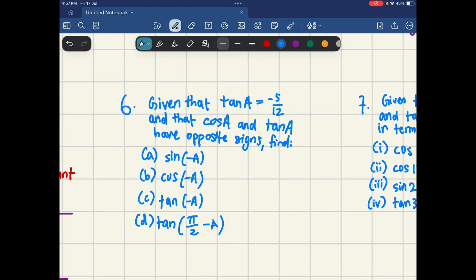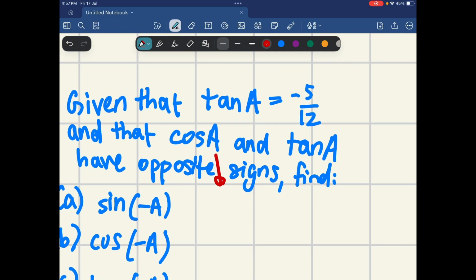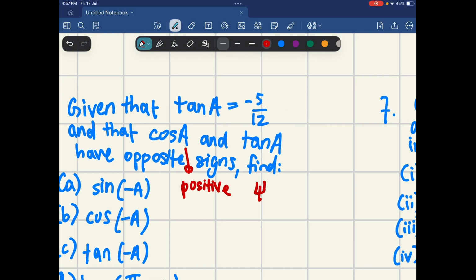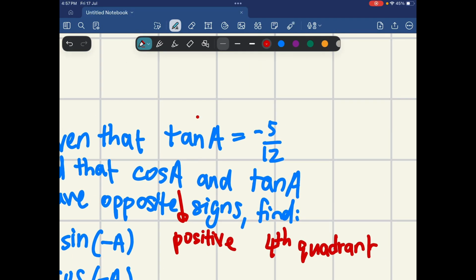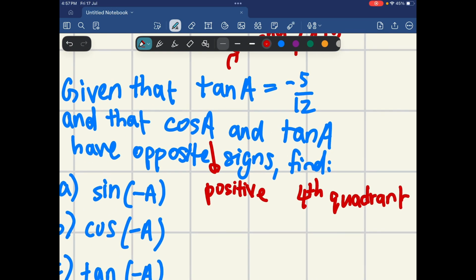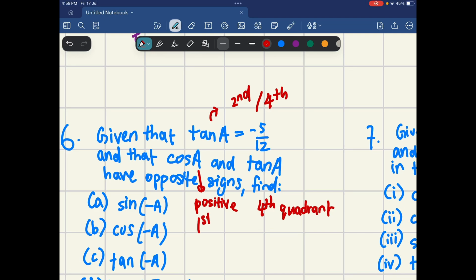Question 6 states that tangent A equals minus 5 over 12 and that cosine A and tangent A have opposite signs. So we know that tangent A is negative and cosine A must be positive. So this must actually be in the fourth quadrant, because tangent A is negative in the second and fourth quadrant, and cosine A is positive in the first or fourth quadrant.